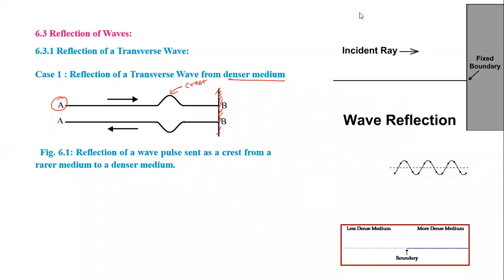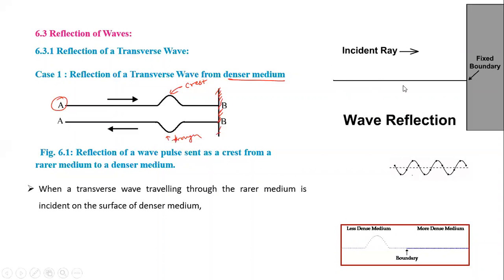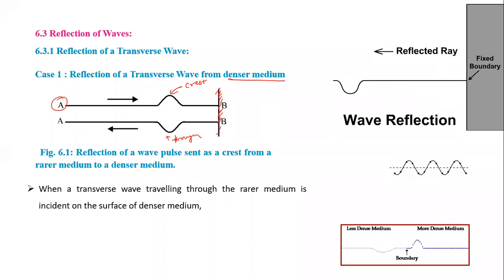After reflection, we get a trough. So this crest, after reflection, becomes a trough. This means that when a transverse wave is reflected from a denser medium, a crest is reflected as a trough.